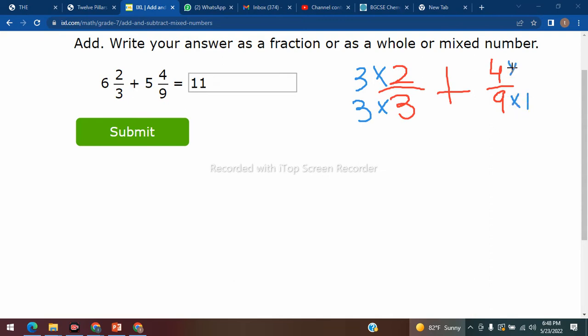So we are left with 3 times 3 is 9 and 3 times 2 is 6, plus 4 over 9. 4 times 1 is 4. It's going to be equal to 10 over 9.